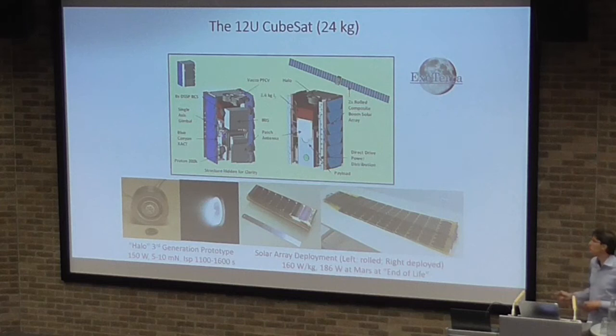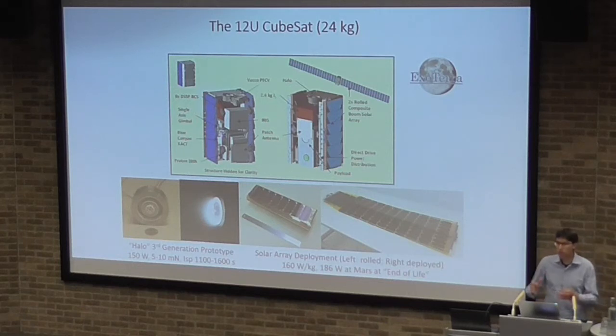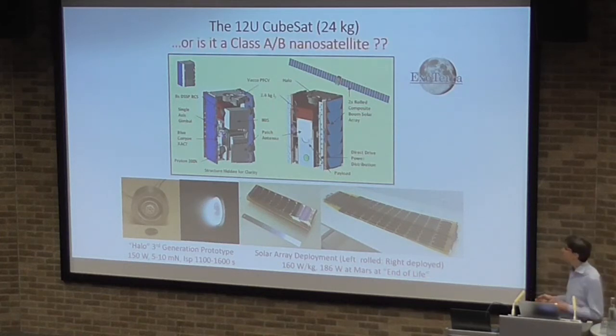Now, from a technical point of view, what we are proposing is to send a 12U CubeSat, which has a mass more or less of 24 kilograms, taking into account 24% of margin. Obviously, after yesterday's last talk, I'm wondering whether it's actually a CubeSat they want to send to Mars or rather a SAB nanosatellite.